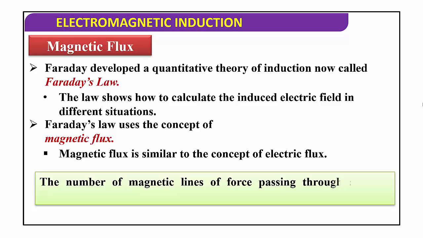Yes, then how to define magnetic flux? Observe this definition here. The number of magnetic lines of force passing through an area normally, we are going to call it magnetic flux. Flux means flow. These magnetic lines of force are passing through a given area normally.